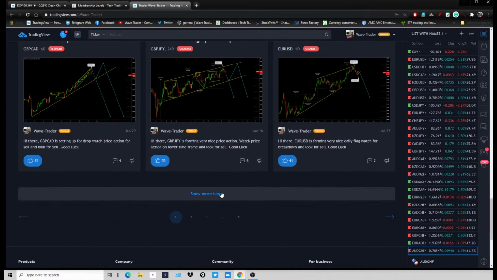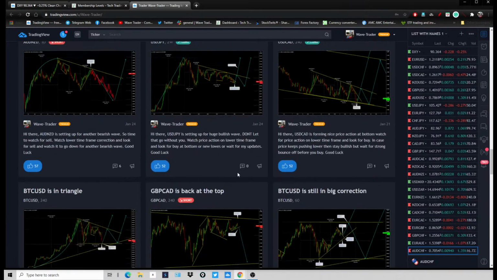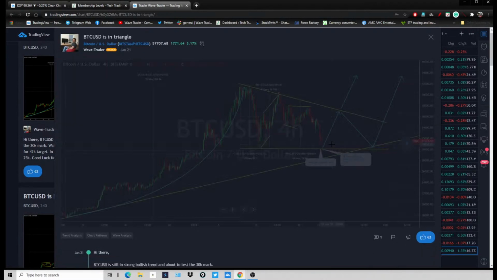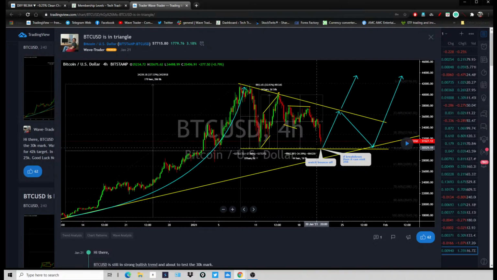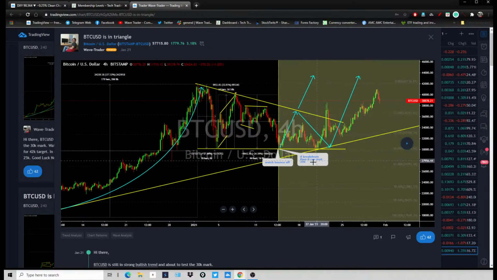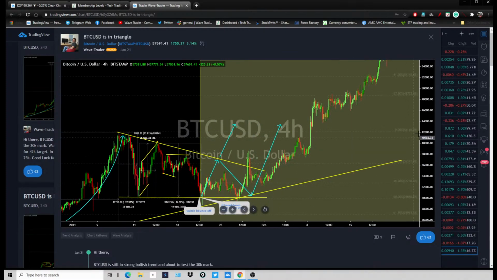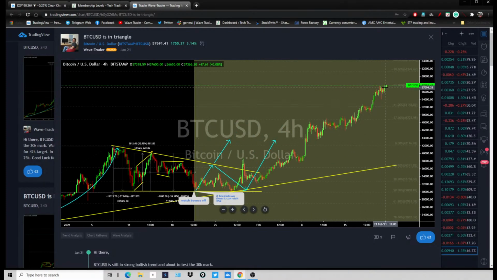If I go to the old chart on Bitcoin and have a look at it, there it was testing the 30,000 mark. Since then we have seen, not 50%, sorry, 100% strength on Bitcoin from 30,000. It is just about to hit 60,000.